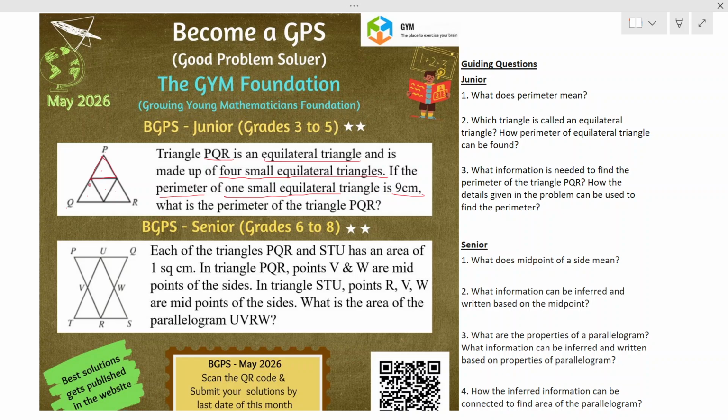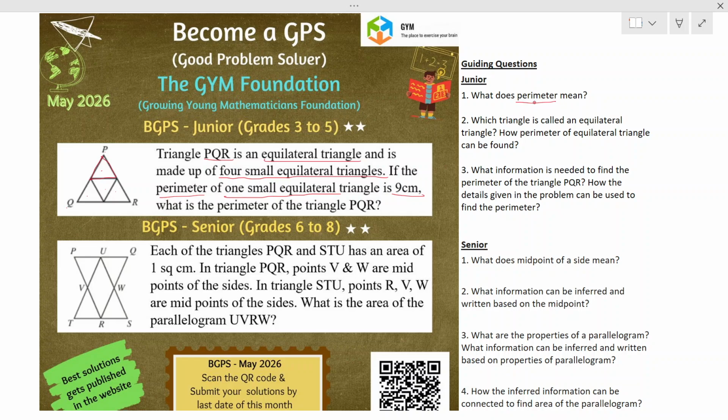So it has given the perimeter of the smaller equilateral triangle and is asking for the bigger equilateral triangle. Let's see how the guiding questions can help us not only understand the problem better but also infer points from the given information.